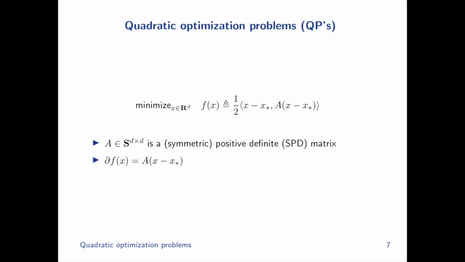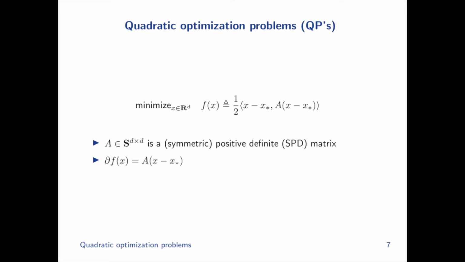If you think about it, if I have a matrix A that is not positive definite, meaning that it has a negative eigenvalue, then some questionable things can happen. If I take the direction of one of the eigenvectors associated to one of the negative eigenvalues, and I go infinitely far out in this direction, then I can drive the value of the objective function to be as close to negative infinity as possible.